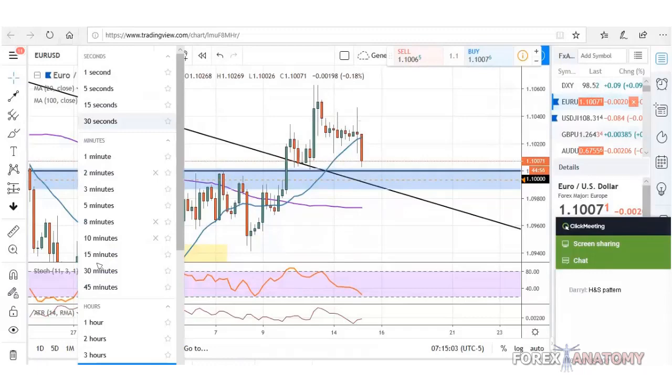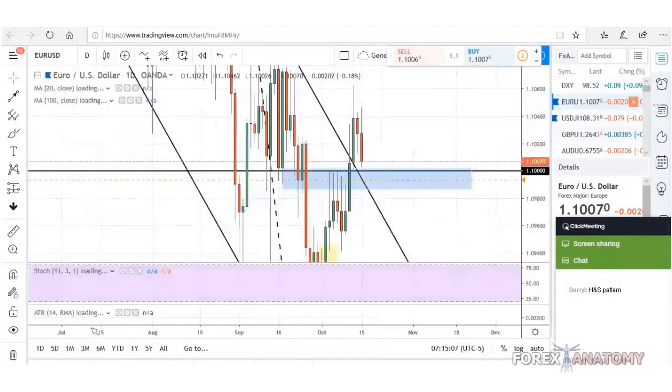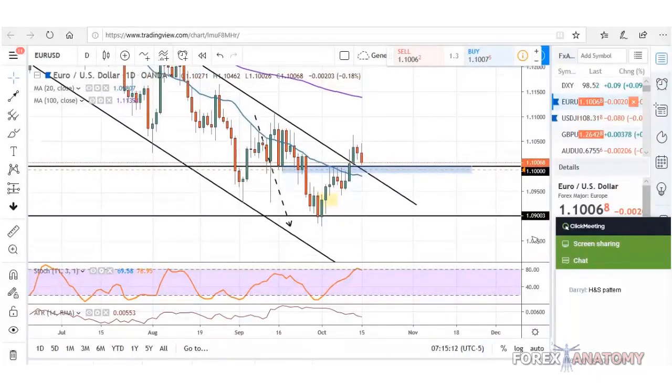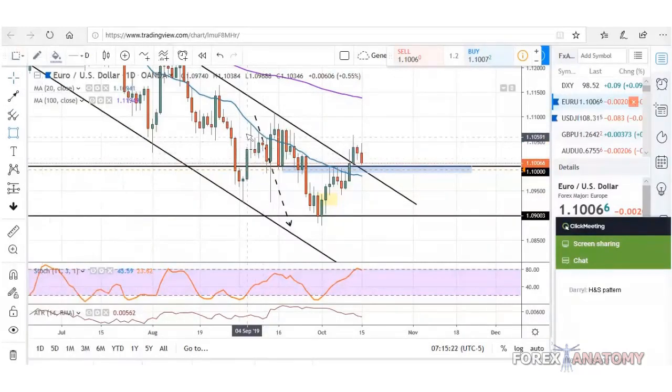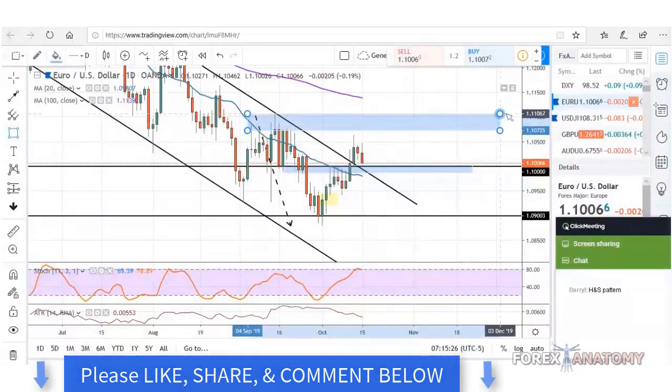If you go back to the daily chart, let's do that now. In order to fully conclude that the bulls are taking over, we would need for price to break this zone up here. Let me just draw this in. We would need for price to break this zone.